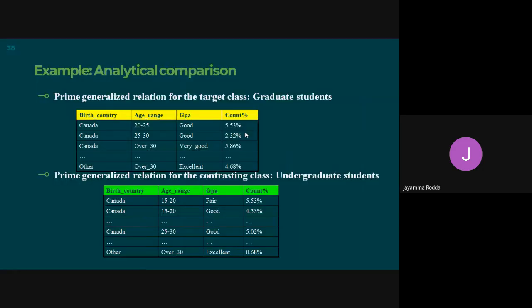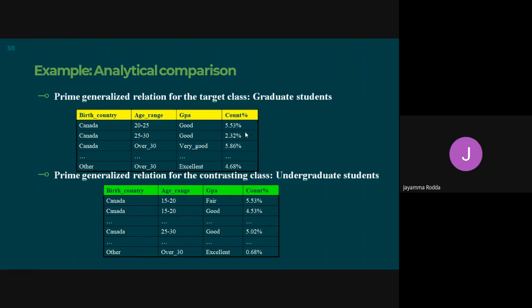So here this visualization includes a contrasting measure, that is count percent, that compares between the target class and the contrasting class. For example, here some value in percent is given.